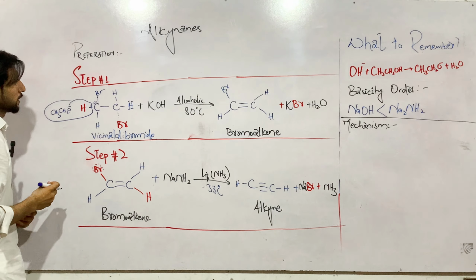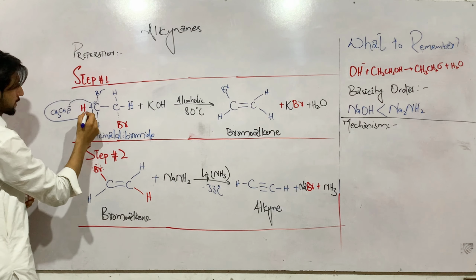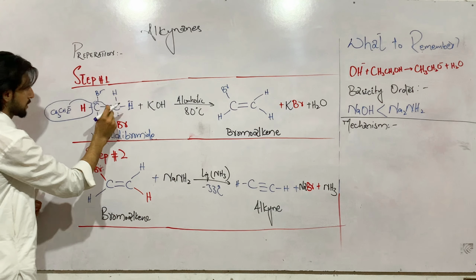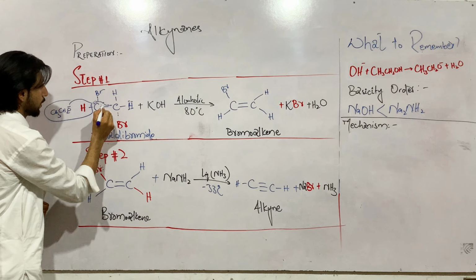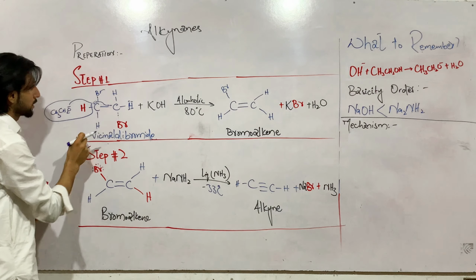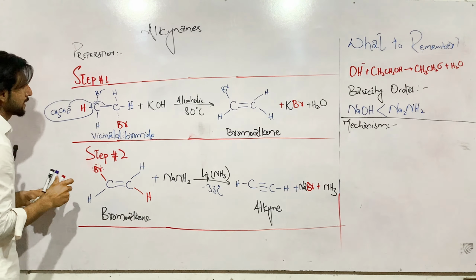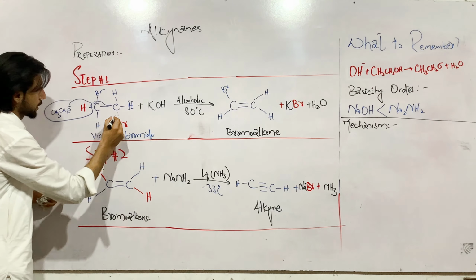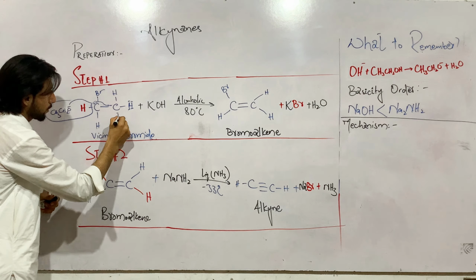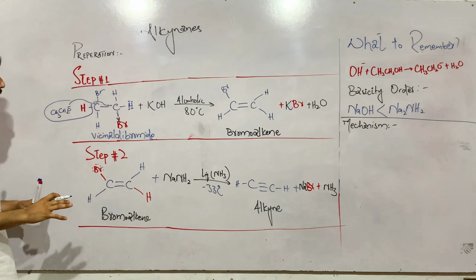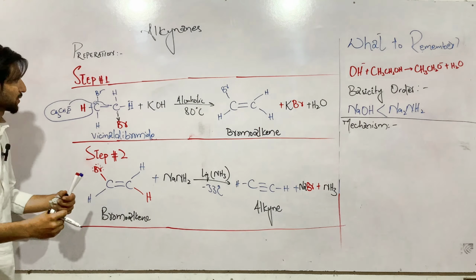The increase in electron density makes the electrons shift toward this carbon, forming a double bond. As the double bond is forming, this carbon pushes this bromine out of the bond.